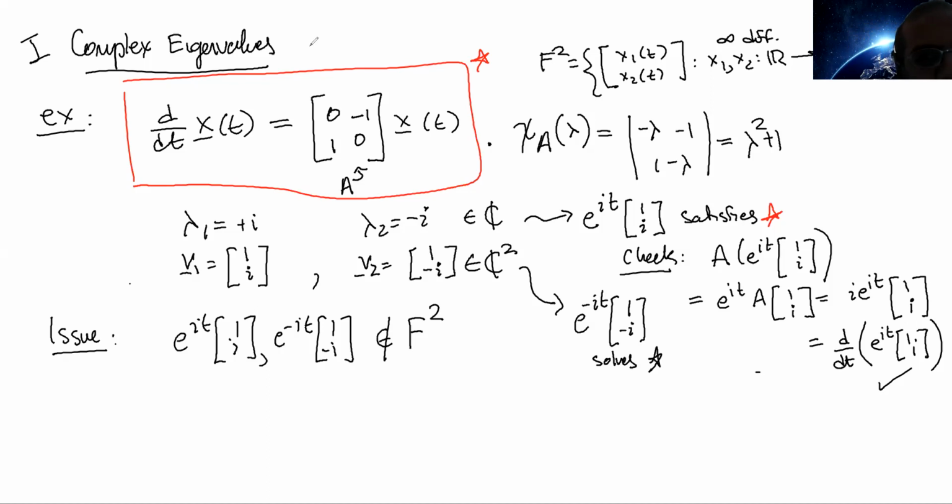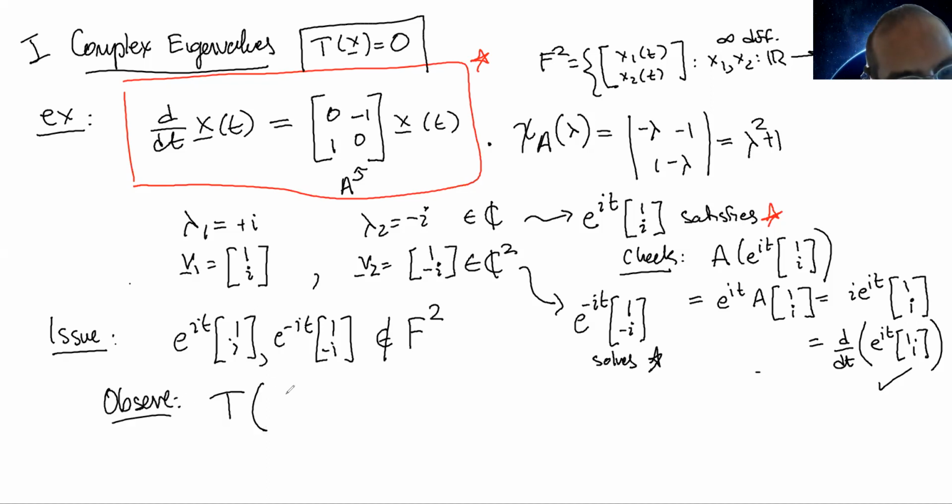So let's write this equation as T of x equals 0, where T is the usual operator. The idea is to observe, same as before, that a sum of these things is also going to be a solution by linearity.